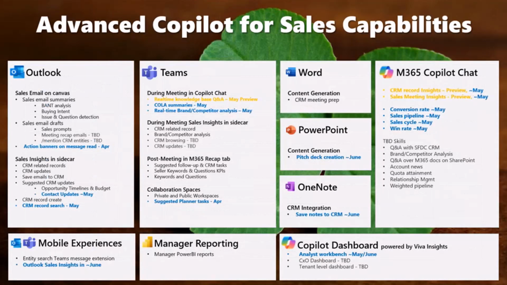Before getting into some of these demos, I want to look at some of those features we've been covering, as well as highlight that there are still quite a few rolling out over the next couple of months throughout the year that are going to continue to expand everything that Copilot and Copilot for Sales specifically can do.